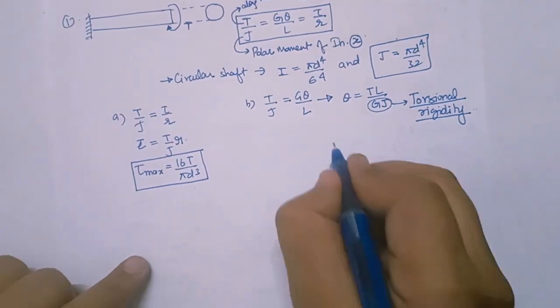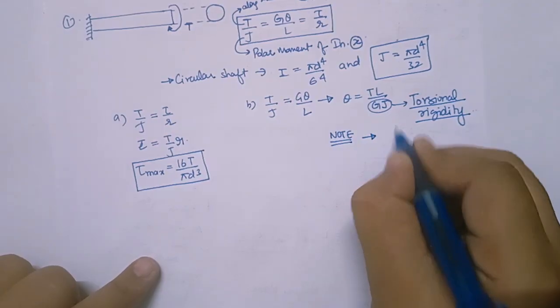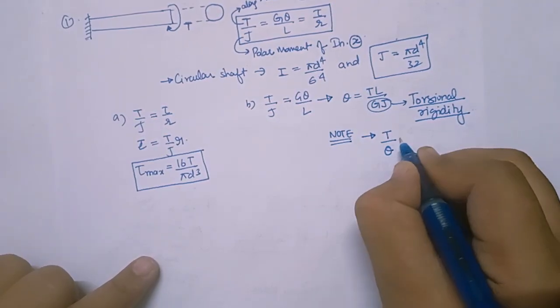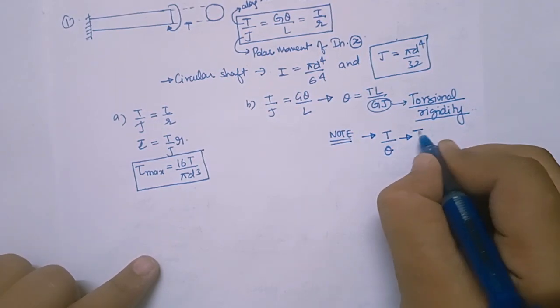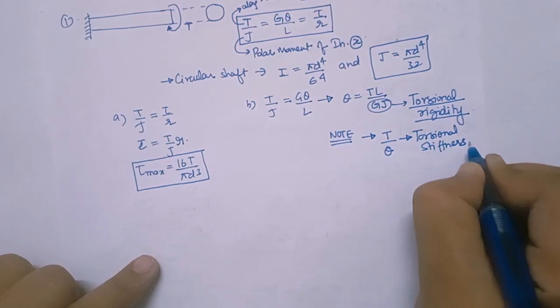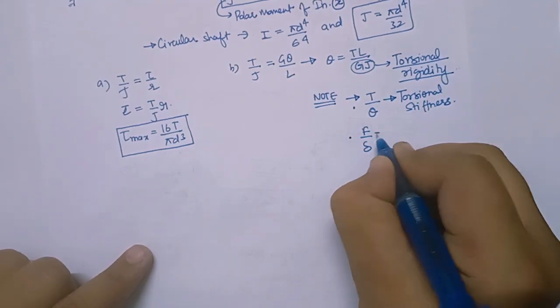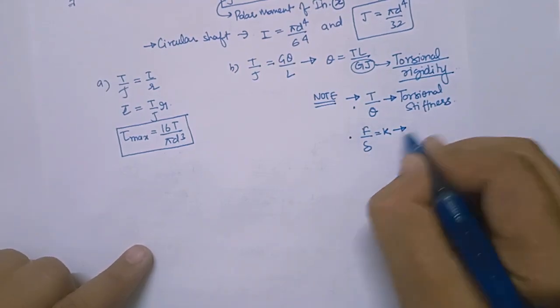Clear? And similarly, one more thing is there: if the torque is divided by the angle of twist, this is called torsional stiffness. Like force per unit deformation is K, and this is called axial stiffness.